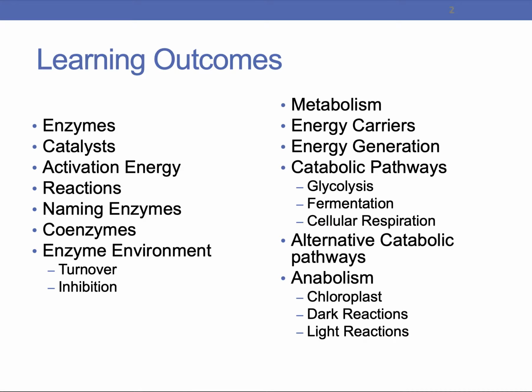Enzymes, how they speed up reactions, what they do to activation energy, the different reactions that they catalyze, how enzymes are named, co-enzymes, enzyme environment in terms of turnover, the different types of inhibition that we do have, metabolism, what the energy carriers are and how they are generated, the different pathways in terms of glycolysis and fermentation and cellular respiration, as well as the alternative pathways in addition to glycolysis that some microorganisms carry out.